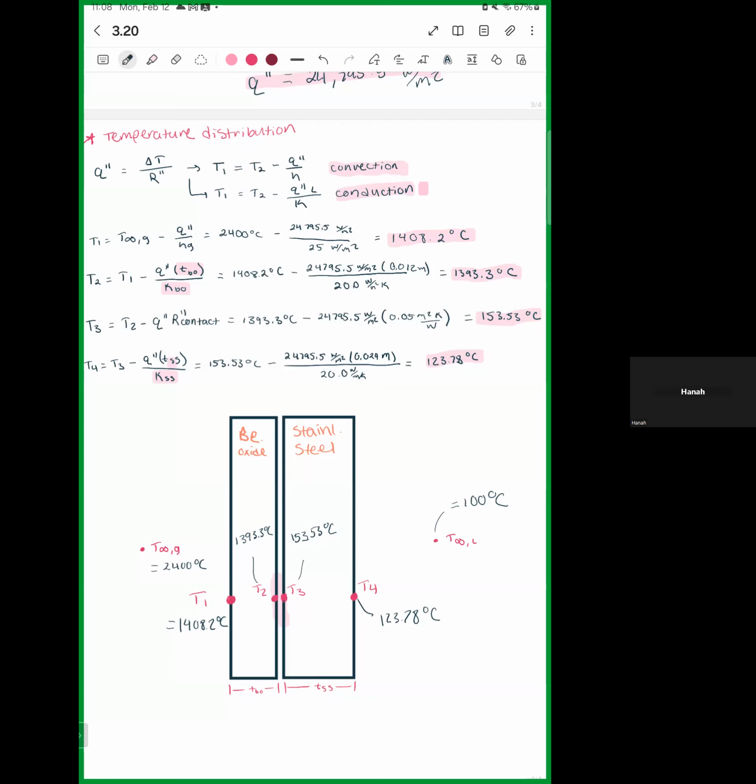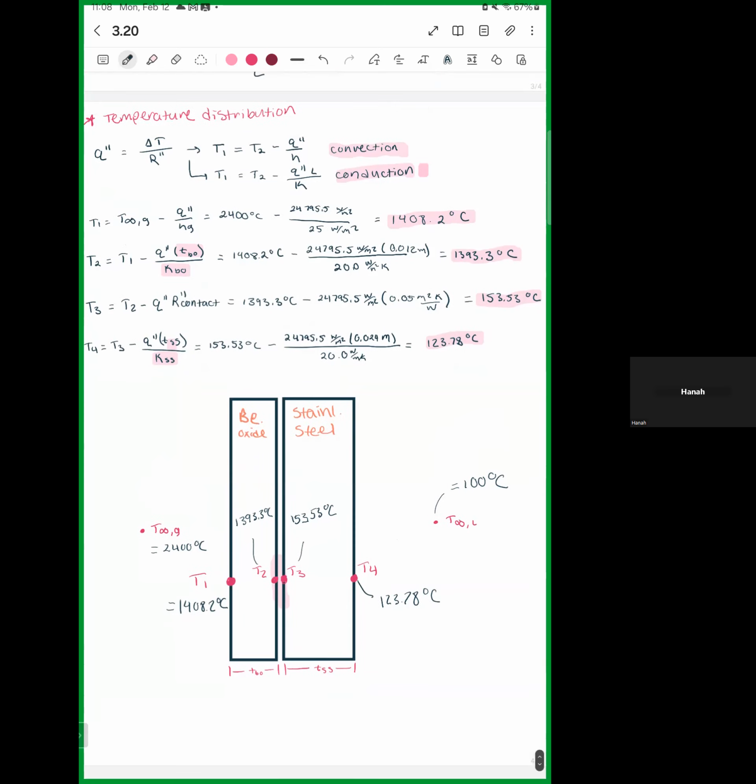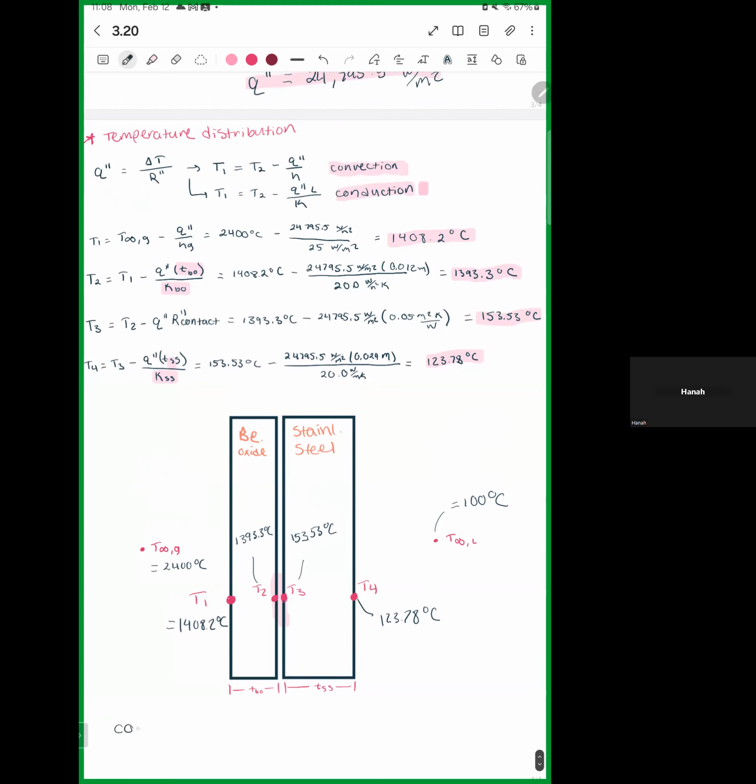Also, something else that is important to note: starting the problem, we had to assume temperatures for the beryllium oxide and the stainless steel.